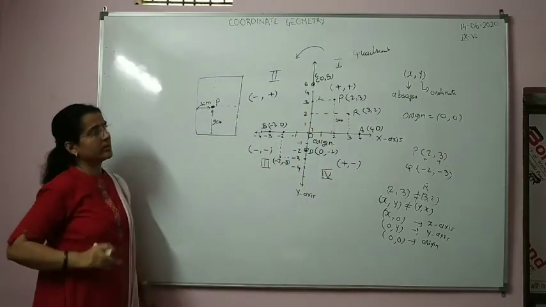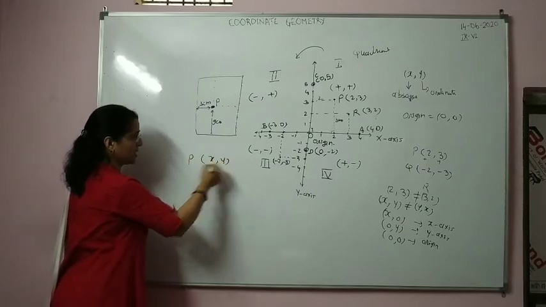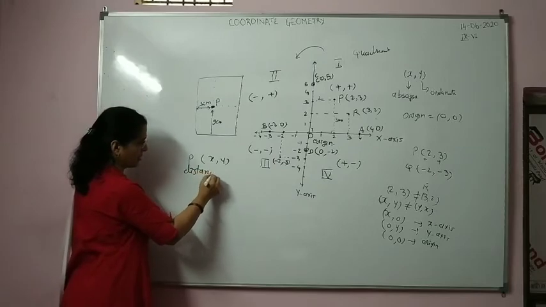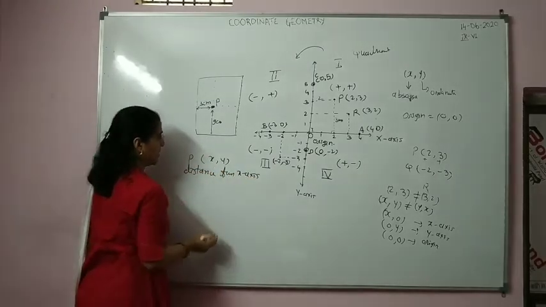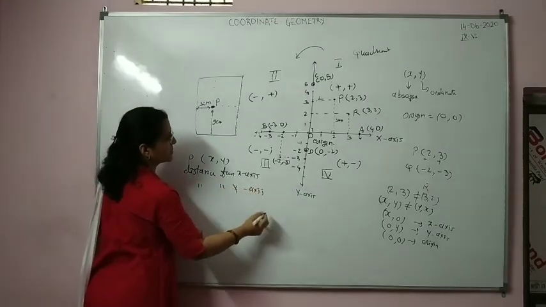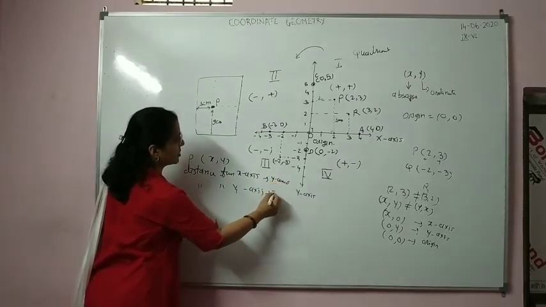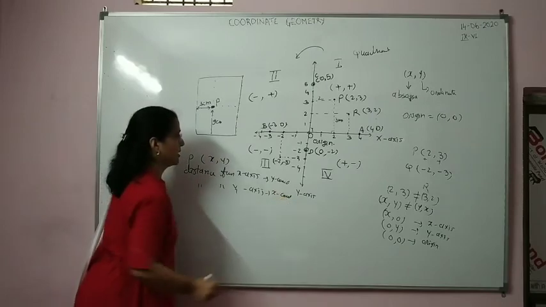What conclusion can you draw here? If the point is P(x, y), then the distance from the x-axis is the y coordinate, and the distance from the y-axis is the x coordinate.